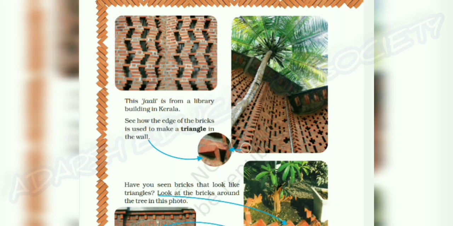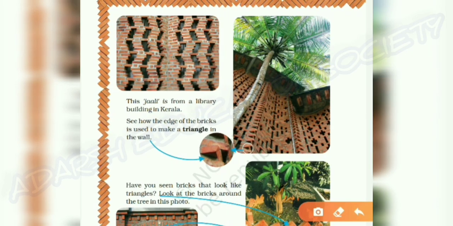This building is the library building of Kerala. See how the edge of the bricks is used to make a triangle in the wall. Children, here in this picture we can see the triangle, right?